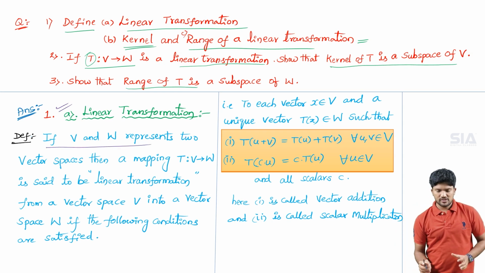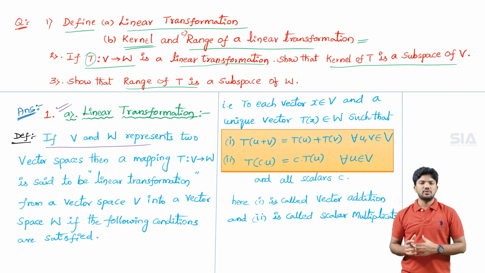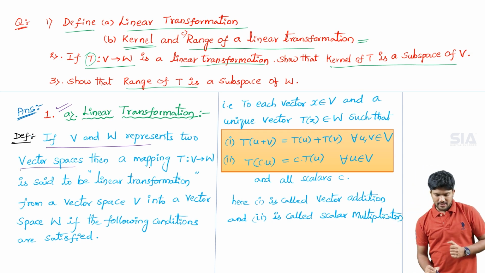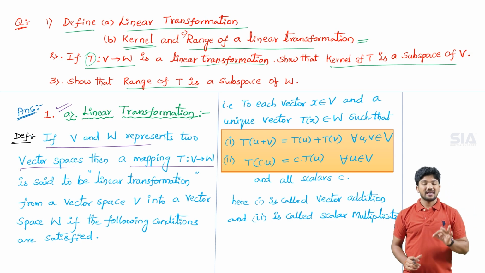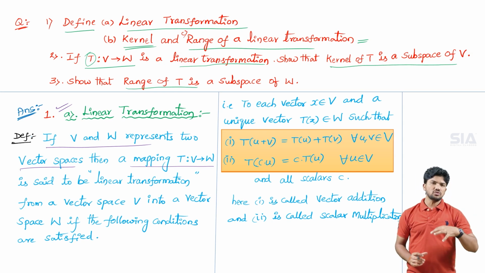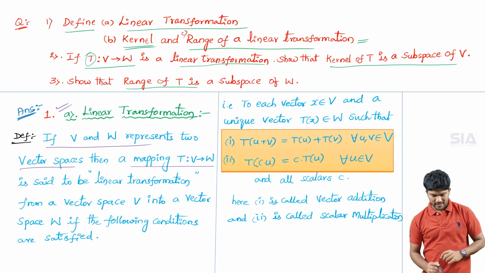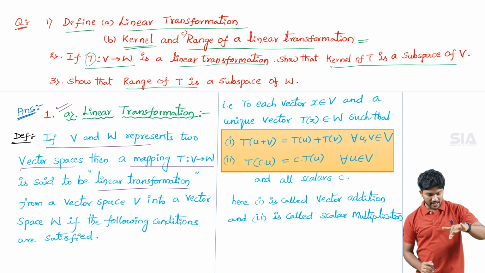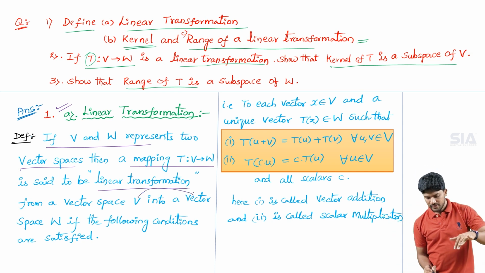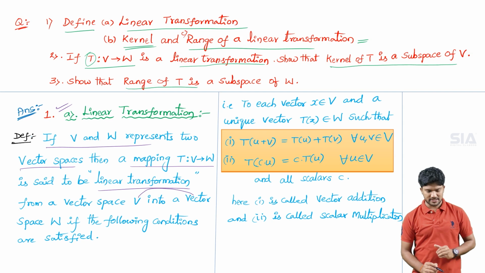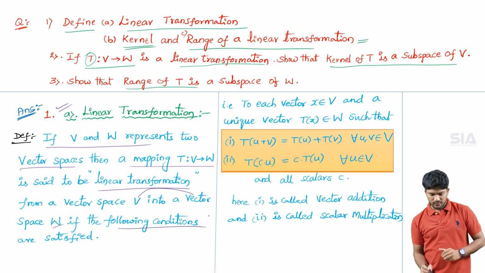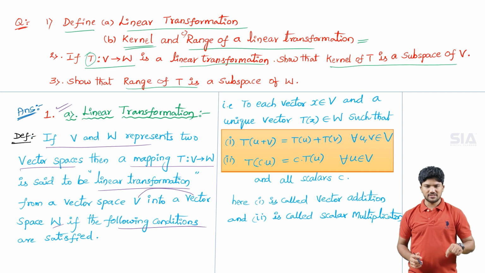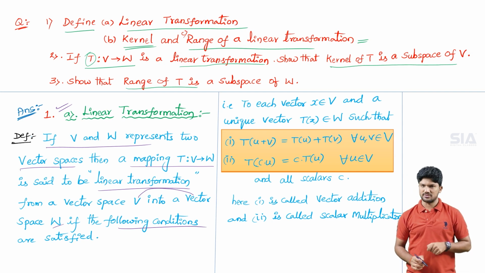Definition: if capital V and W represent two vector spaces, then a mapping capital T from capital V to W is said to be a linear transformation from a vector space capital V into another vector space W if the following conditions are satisfied. For this we have a diagrammatic representation also.